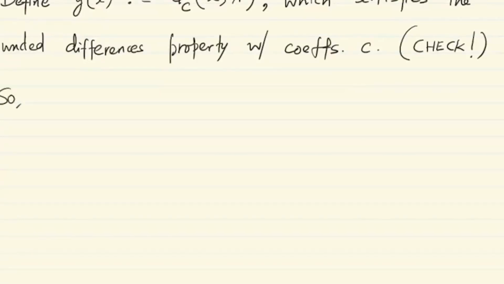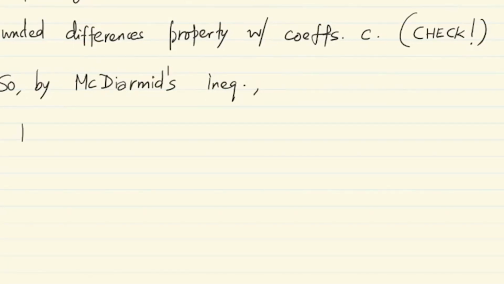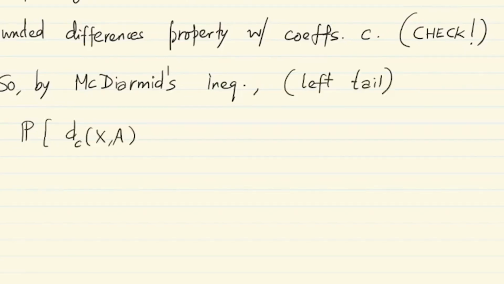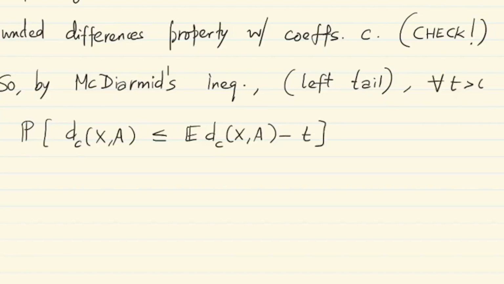So with this, by McDiarmid's inequality applied to the g function, for the left tail, we have that the probability that D_c(X, A) is less than its own mean minus t, for all t greater than 0, is at most e raised to minus 2t square by norm c the whole square.